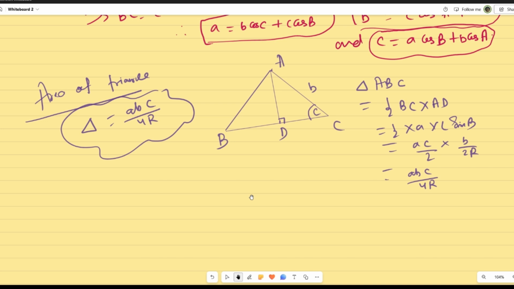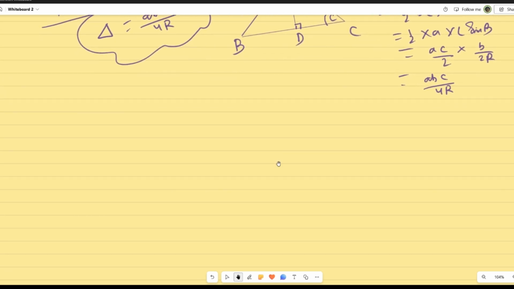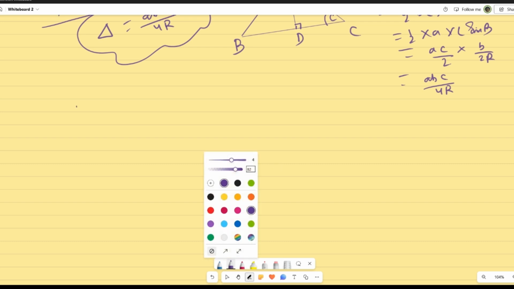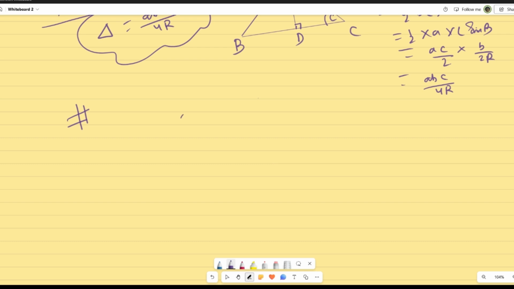In radius, I would like to mention, because one very simple relation is there, that will do, and then we will go for sums. Okay. Let us go for the inradius formula. So for that you need to draw the incircle.